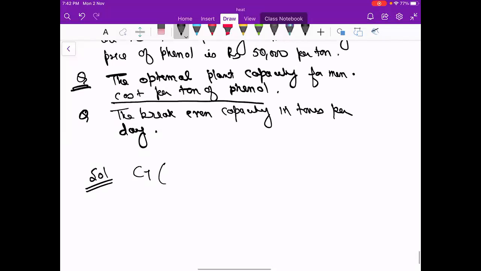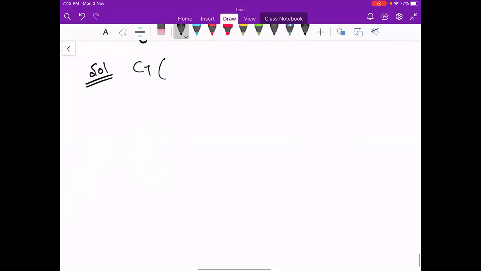Cost per ton will be equal to fixed cost plus variable cost.